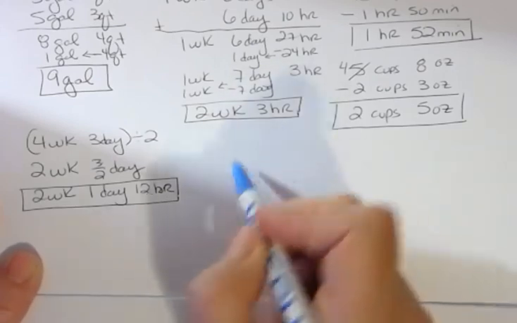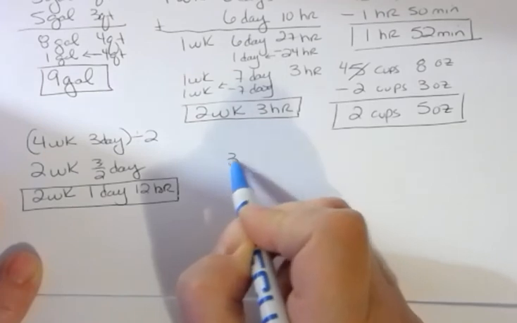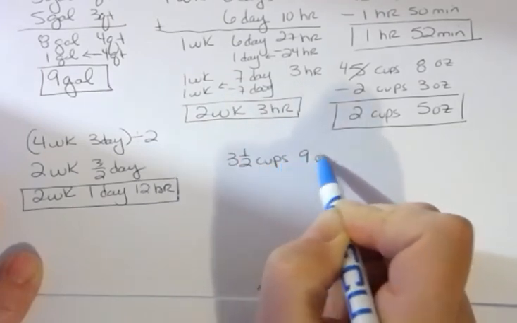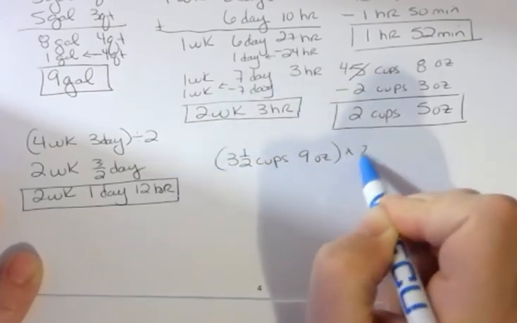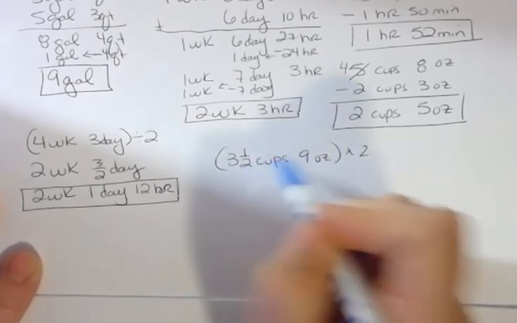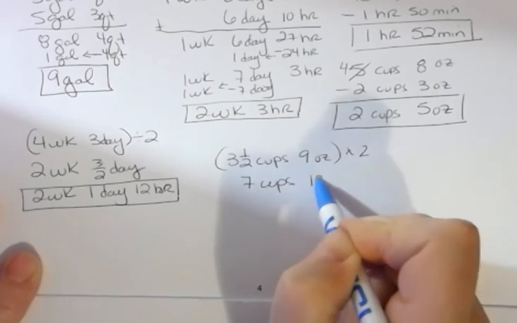Okay, and the last one, 3.5 cups, 9 ounces times 2. So I have 3.5 cups and 9 ounces, and I'm multiplying that times 2. 3.5 times 2 is just going to be 7, and 9 times 2 is 18.